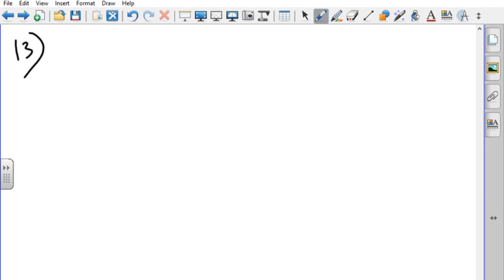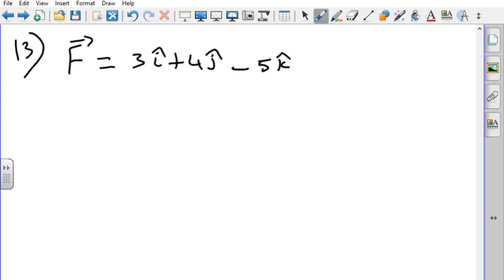Here F vector is given as 3i cap plus 4j cap minus 5k cap, and R vector is AB vector, where AB is OB minus OA.